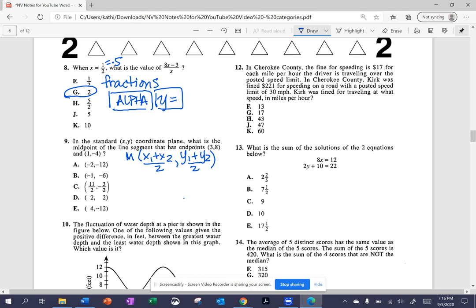So I'm going to add 3 plus 1 and divide it by 2, and I'm going to add 8 plus -4 divided by 2, and I get the coordinate 2, 2.